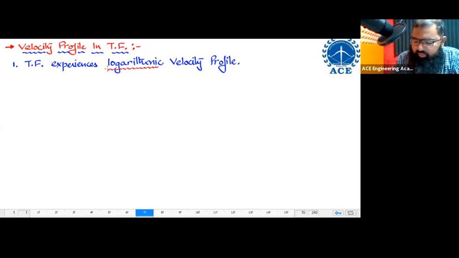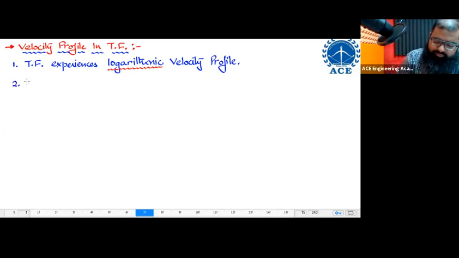So velocity profile is logarithmic. Second point over here. Please understand this. Near the wall, the variation of velocity is very strong. And as you move towards the center, the velocity profile is going to become almost uniform. Therefore, this kind of velocity profile is also called as almost rectangular velocity profile.